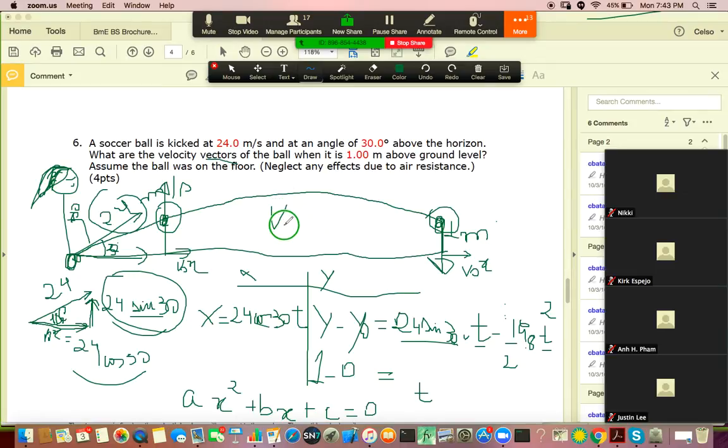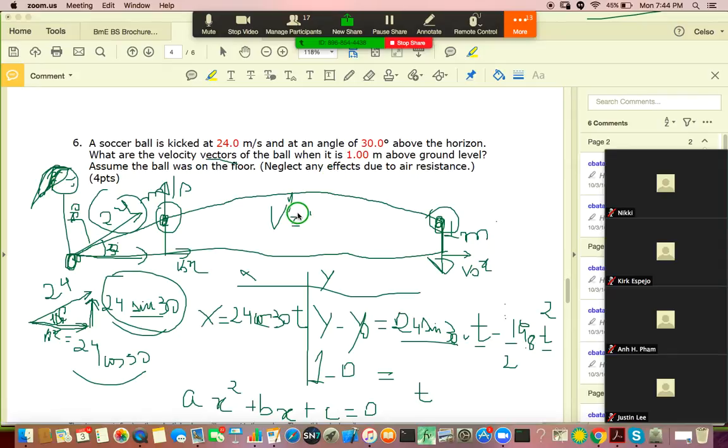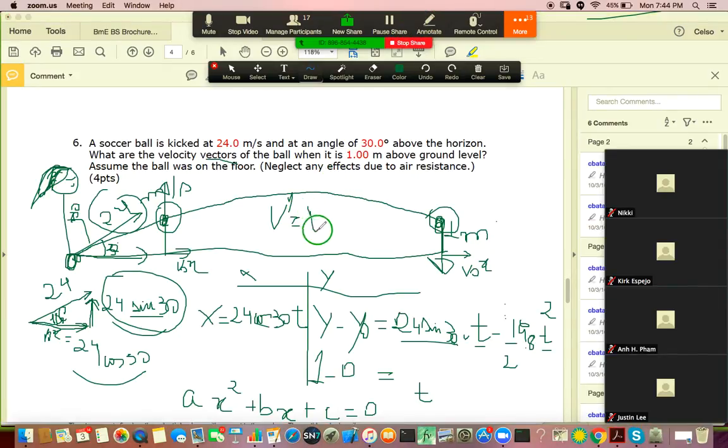So your vy is equal to v naught y minus 9.8, we have to use the equation of motion, times t.